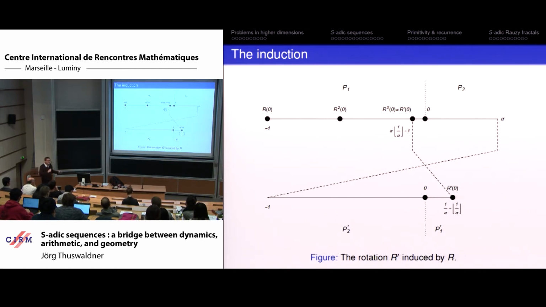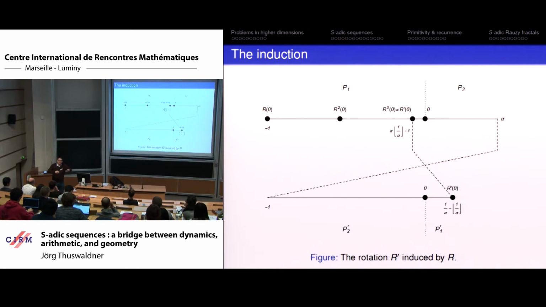The important thing is, this word here can be written as another word hit by the substitution. Okay? So this word u is sigma 1 of this word. And now you can iterate. So the word becomes sigma 1 times sigma 2 of another word, if you induce again.